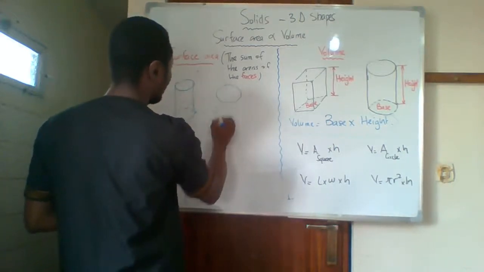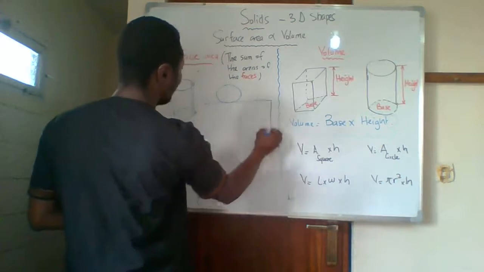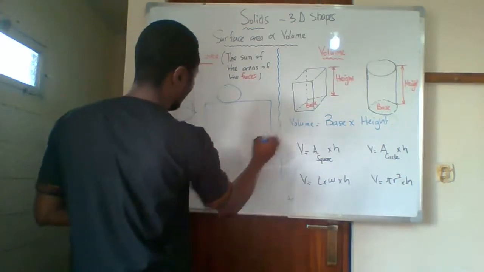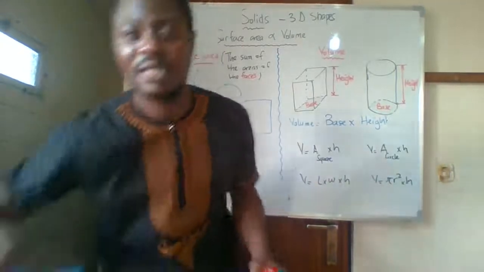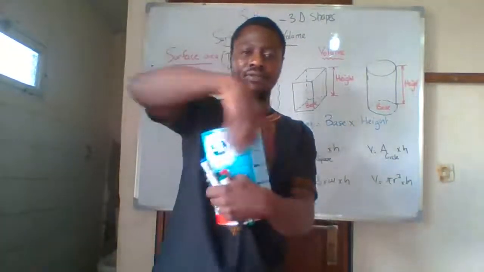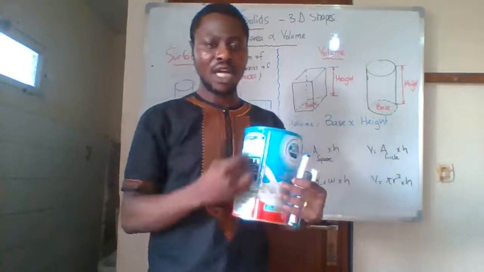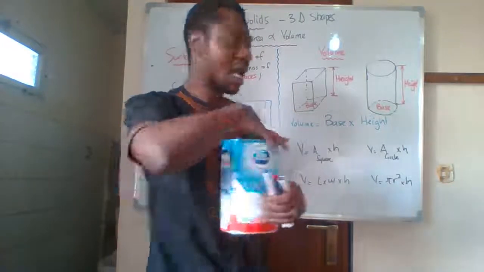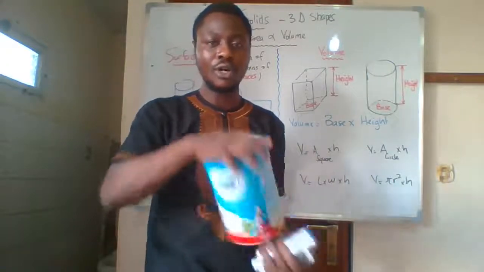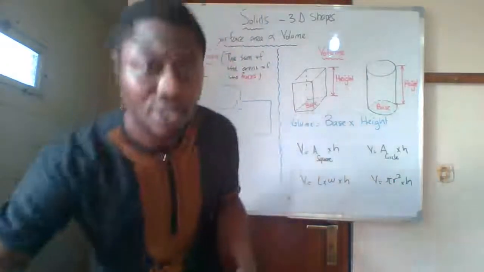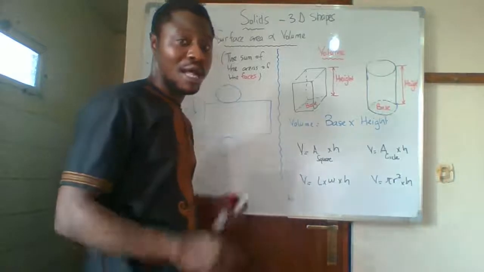There's a circle at the top, there's a big rectangle in the middle. Because this face over here can be cut and opened, and it's going to give you a rectangle. And then there's a circle at the top and a circle at the bottom.